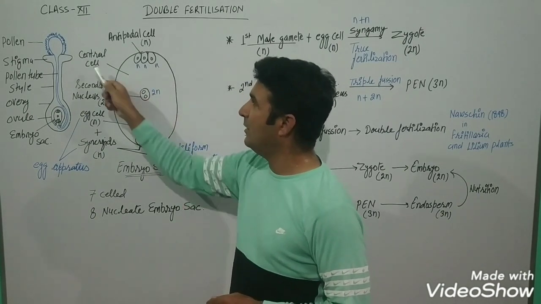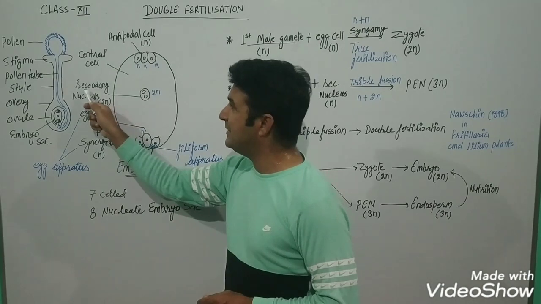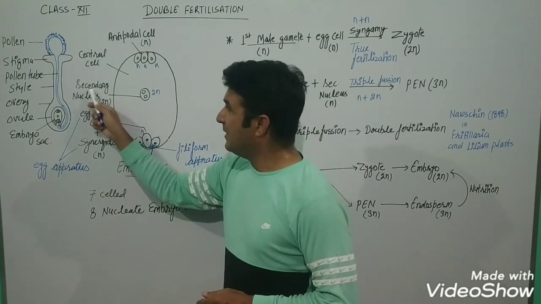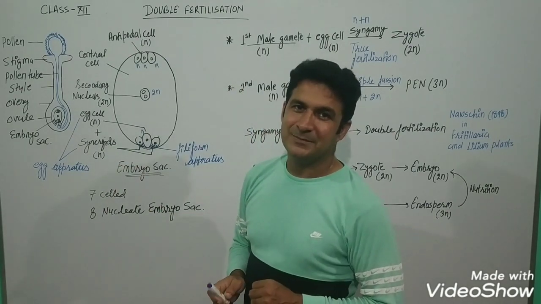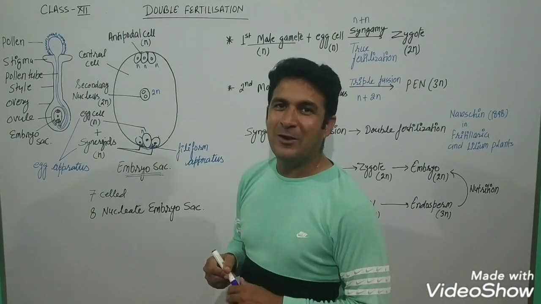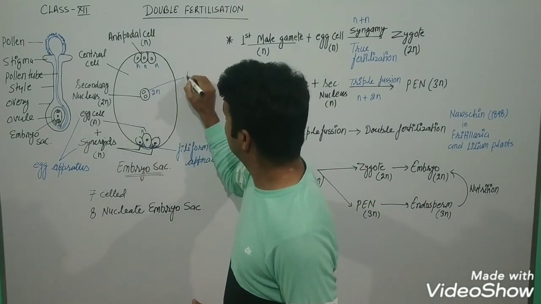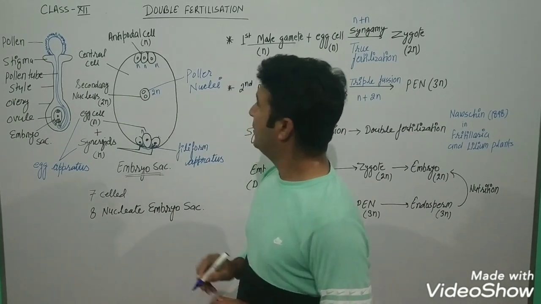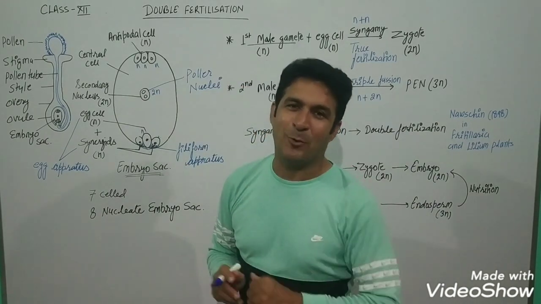This whole area is called the central cell, and in the middle of the central cell you can see the secondary nucleus. This secondary nucleus has 2 polar nuclei. How many polar nuclei? 2 polar nuclei are there, and each polar nucleus is haploid.